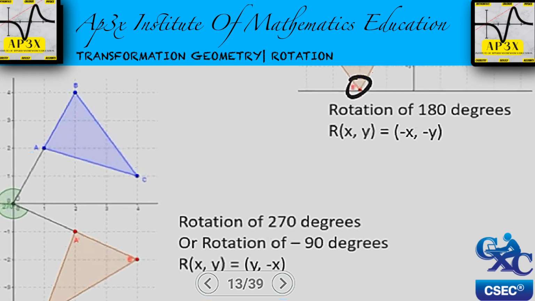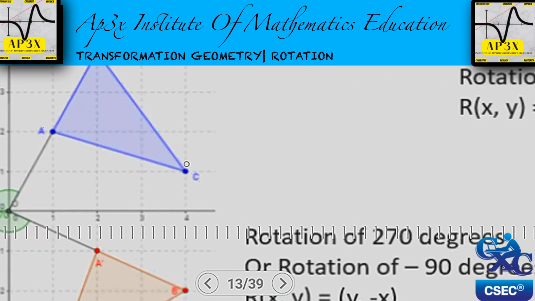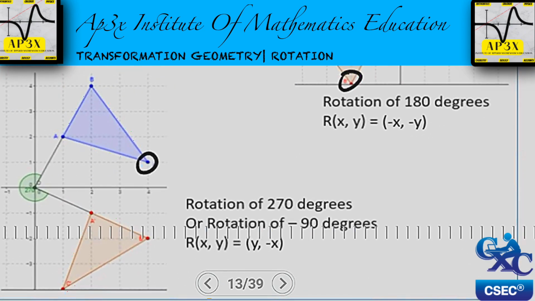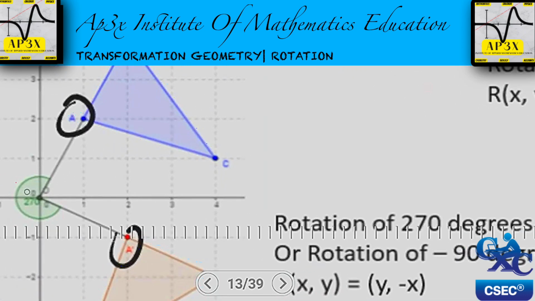So if we make a comparison here, let us just use C and compare it to, let's not use C. C is too far down. My screen is a bit small. So let's just compare once again A here to A prime. Notice here that A is again in the position 1, 2.